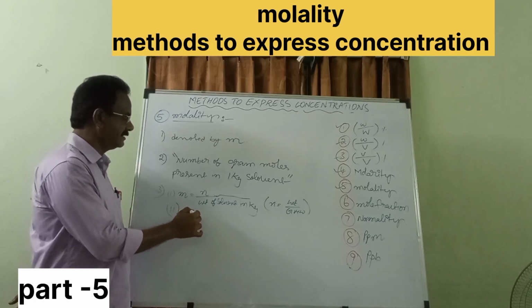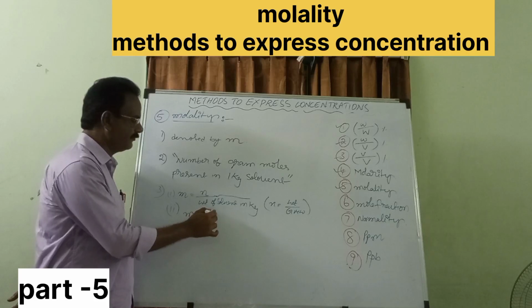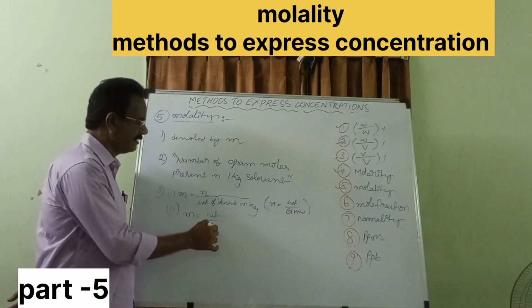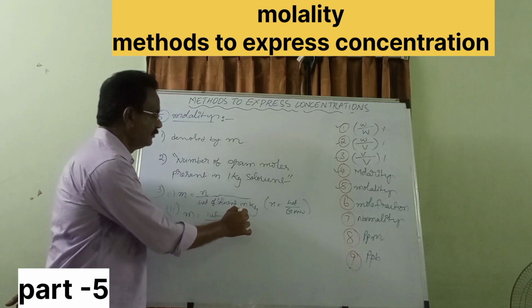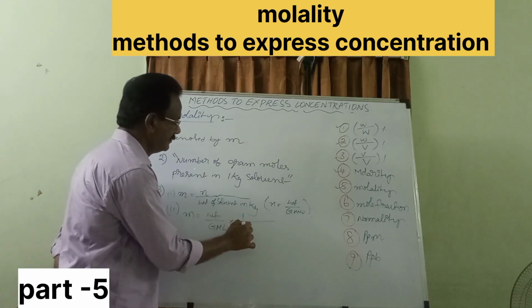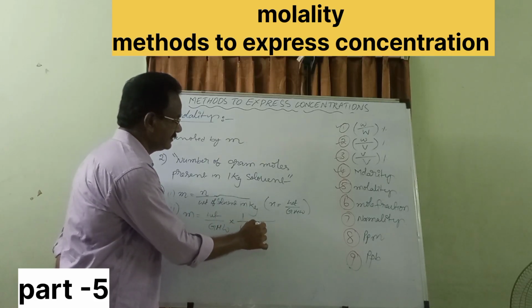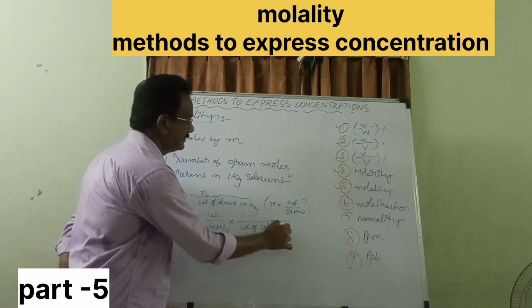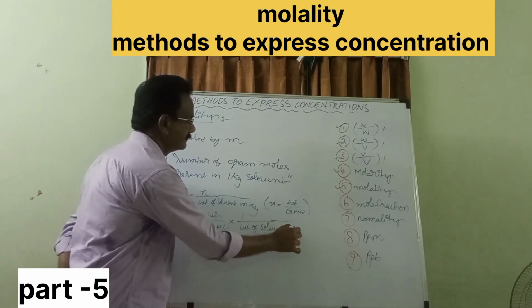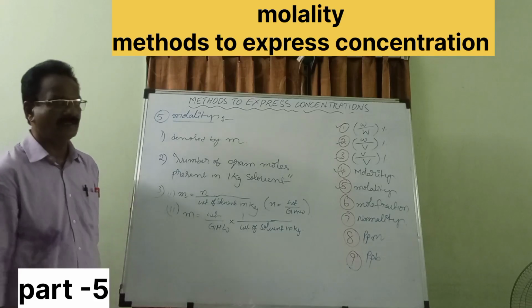The another method, m is equal to weight by gram molecular weight into 1 by weight of solvent in kg. Okay.